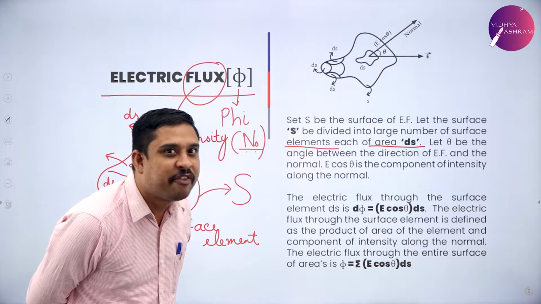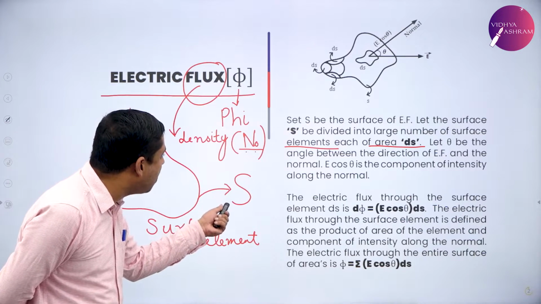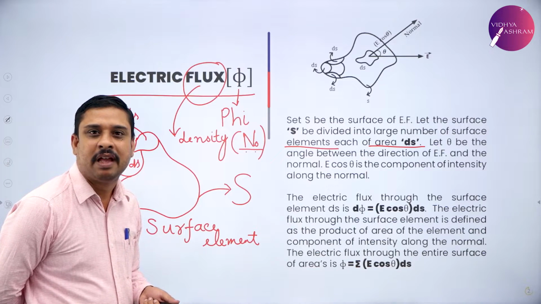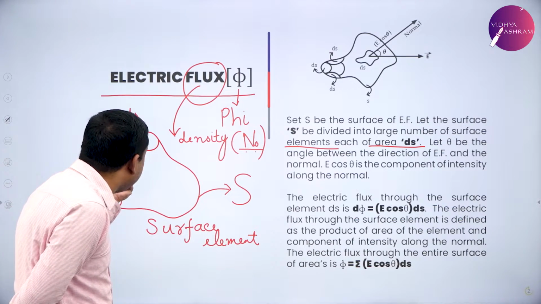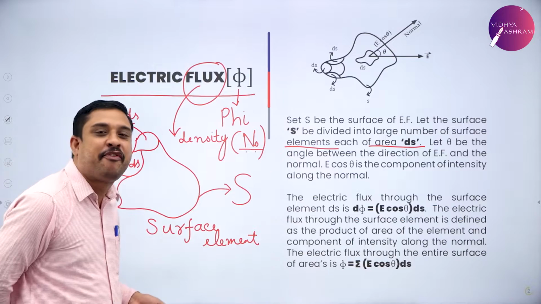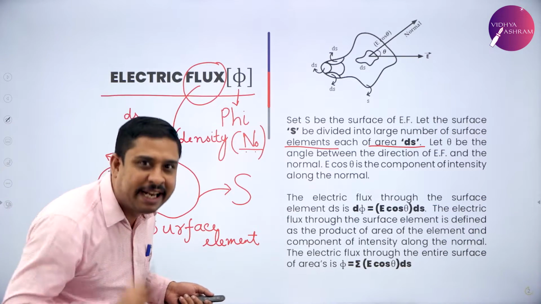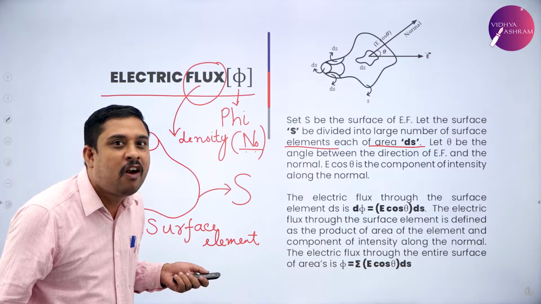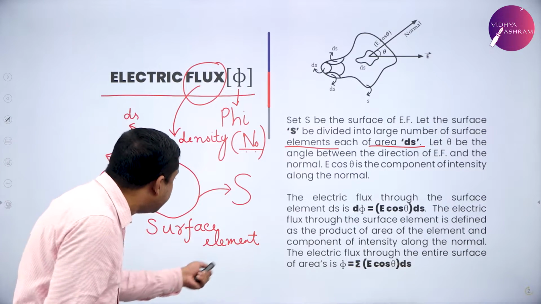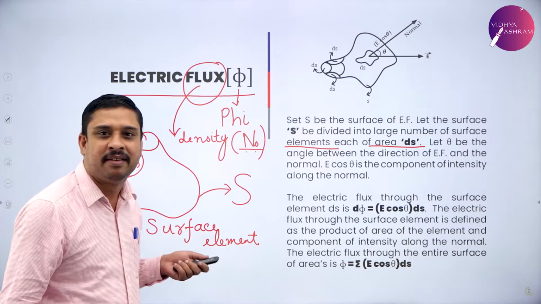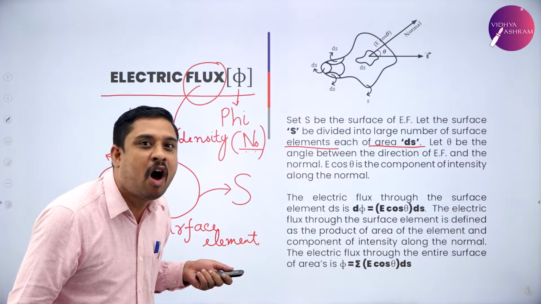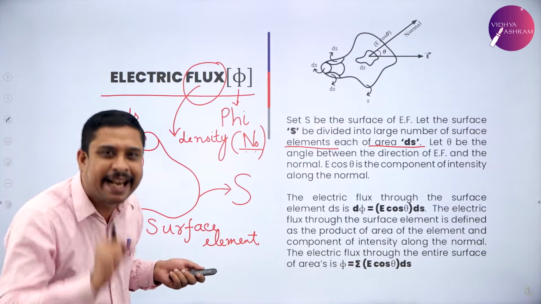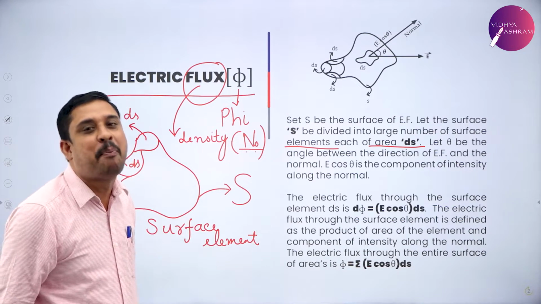So what did I do, my friends? There was an electric field, yes. I have broken down the electric field into small regions, small parts, and I called each part a surface element. And what was the area of the surface element? ds, smaller regions, smaller parts.